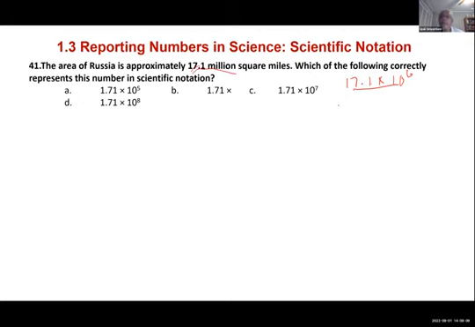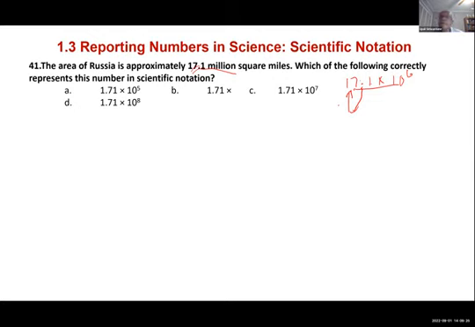Now, how do you write it in scientific notation? You have to move the decimal place from here to here, one place to the left.